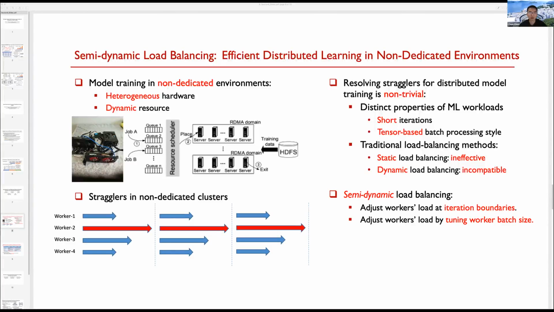So there's almost no other overhead. And third, we can tune the hyperparameter worker batch size at the iteration boundaries, and worker batch size can ideally control the load of the worker in each iteration because each sample will have the same computation operations in that batch.